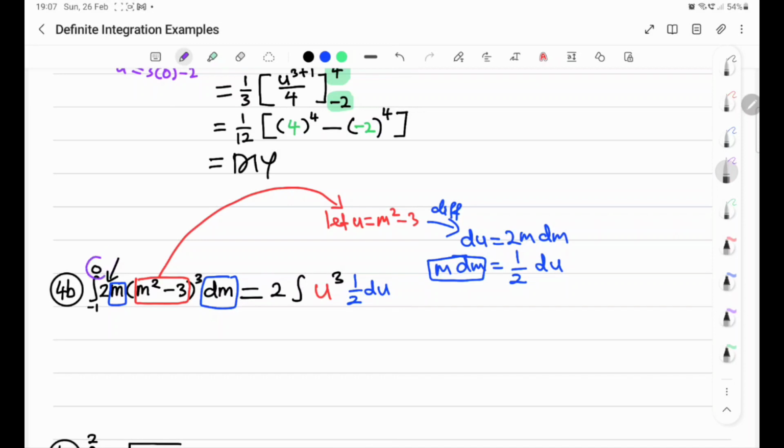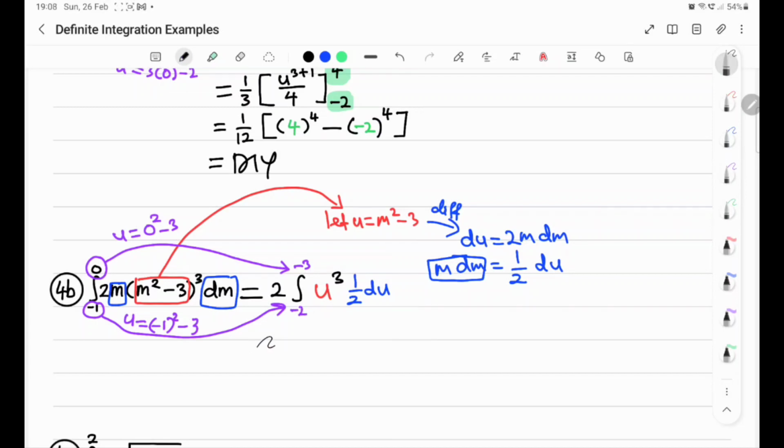So 0, put it inside u, to get u equals 0 squared minus 3. We have minus 3. And minus 1, substitute into u to get minus 1 squared minus 3, which is minus 2. Then everything agrees with each other.